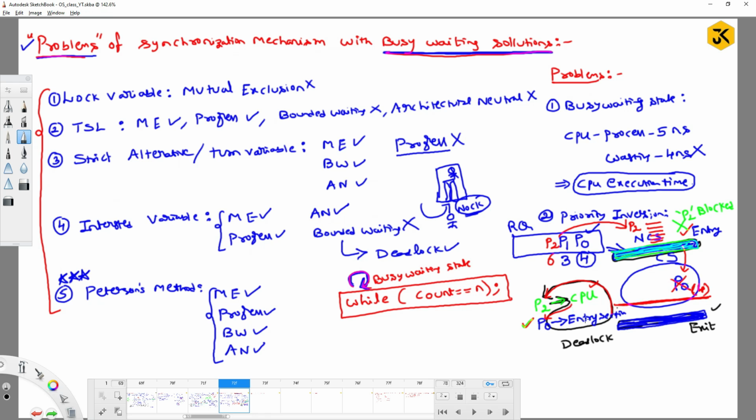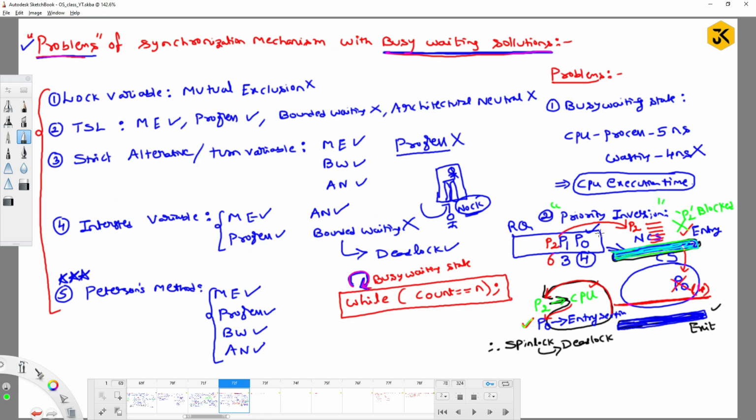That's why it is always in deadlock, and this is what we generally call a spin lock, which is a kind of deadlock. So this is one of the problems of synchronization mechanisms with busy waiting solutions. Then what will be the solution for this priority inversion?